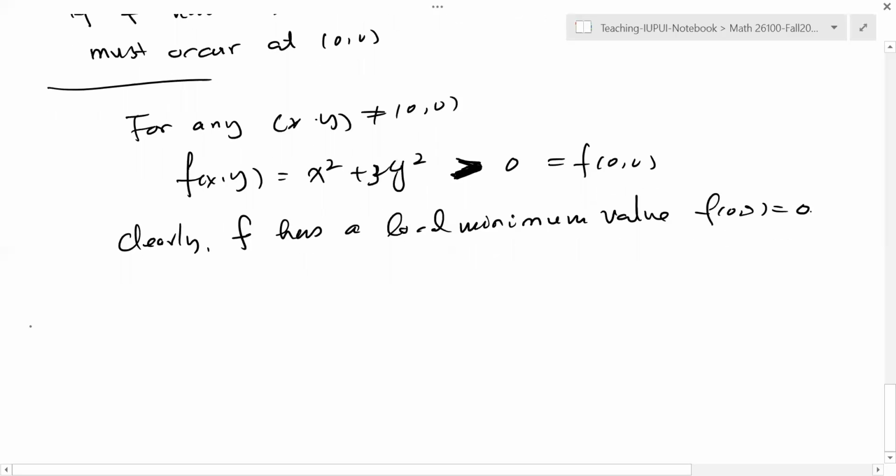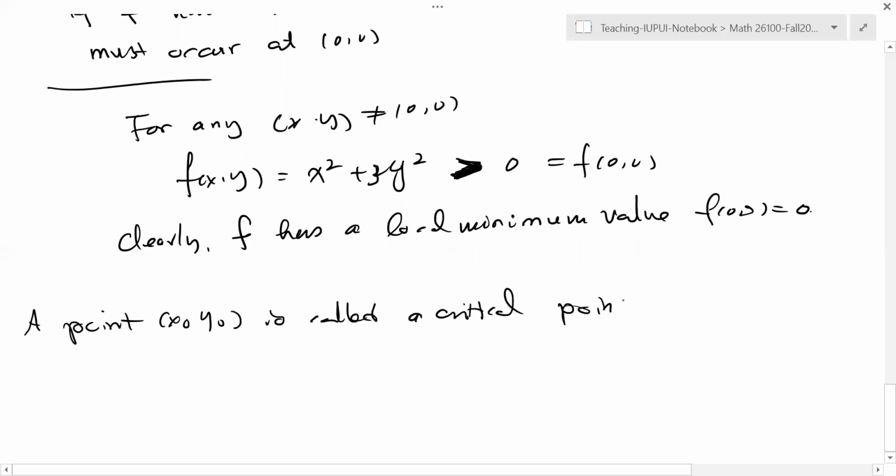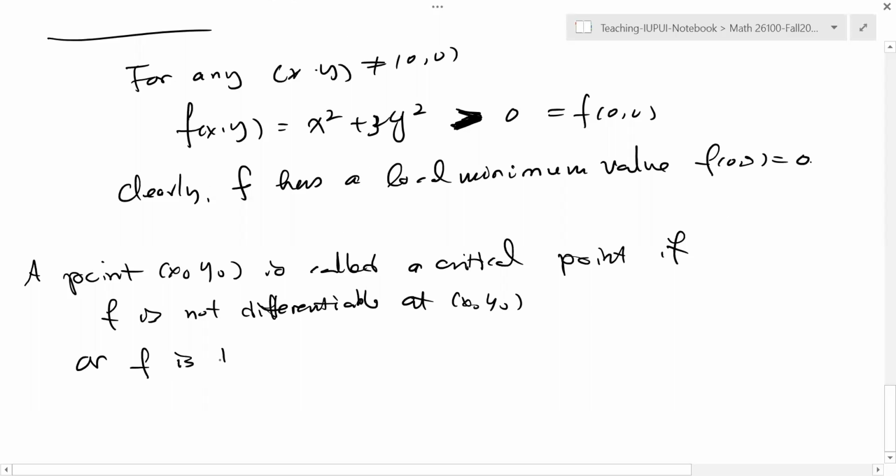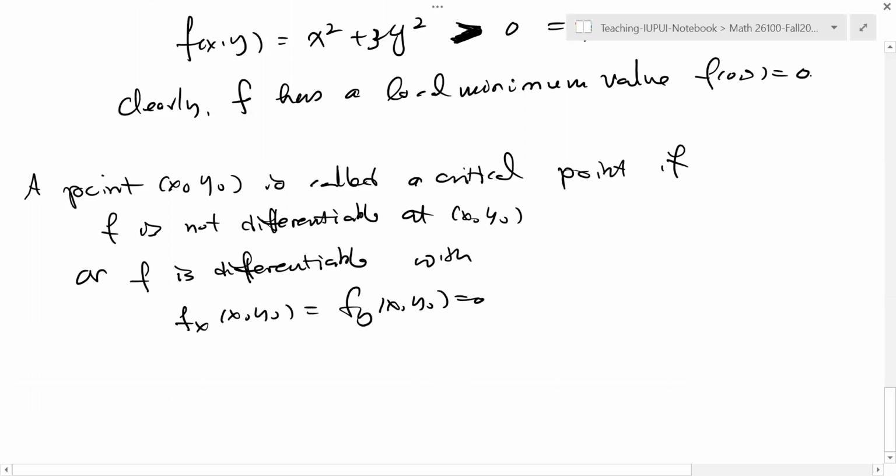A point is called a critical point if f is not differentiable at this point, or f is differentiable with 0 derivatives.